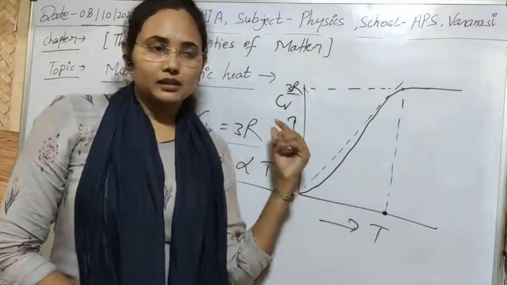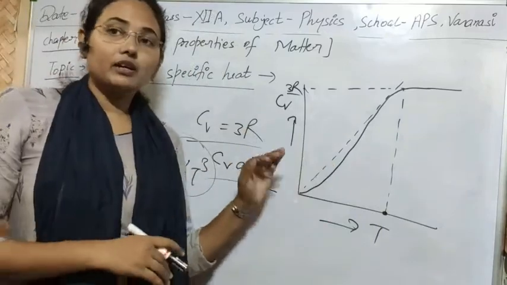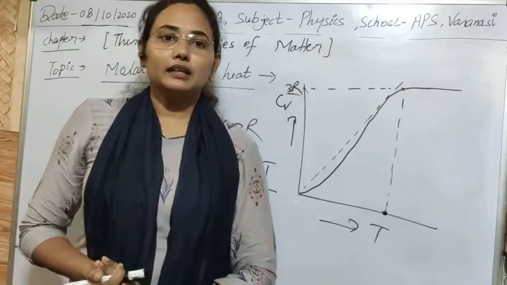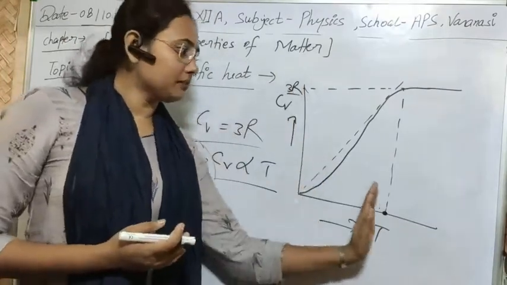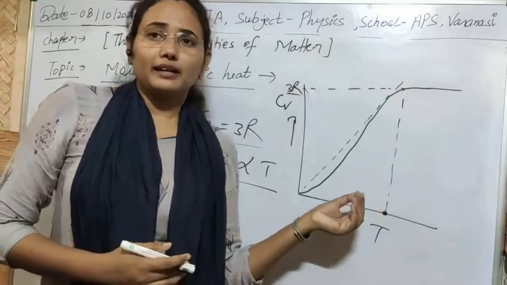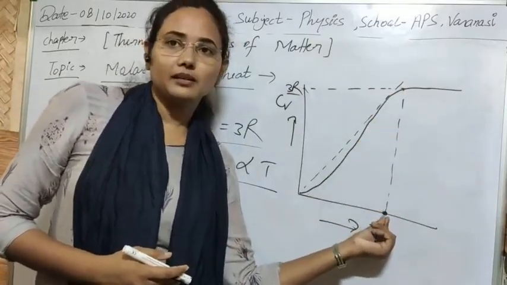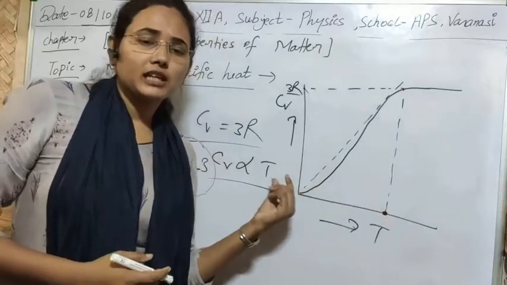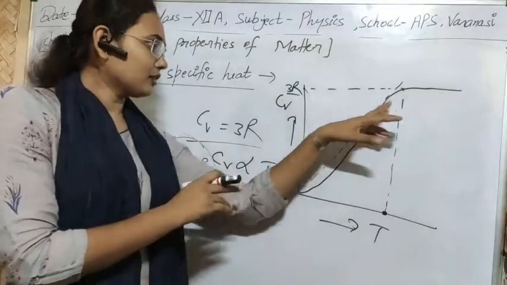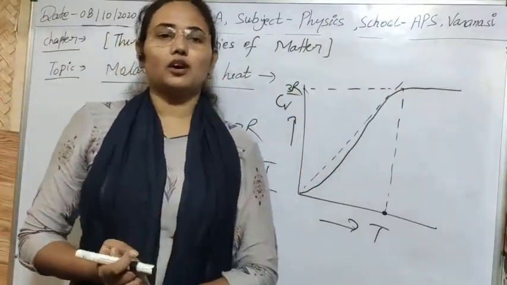Simply, the law is that Cv will not increase linearly with the increase in temperature, but after attaining a temperature, the Debye temperature, the specific heat of solids becomes constant, and that constant value is 3R for all solids.